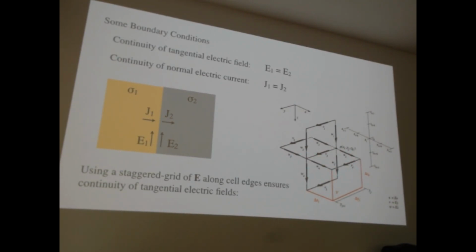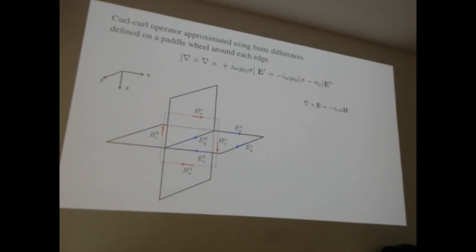This is the Yee grid. So you integrate. You take the circular electric field around here to get the magnetic field in the middle, and then you take the circular magnetic field around here to get the electric field along an edge. And this way you make the boundary conditions work.